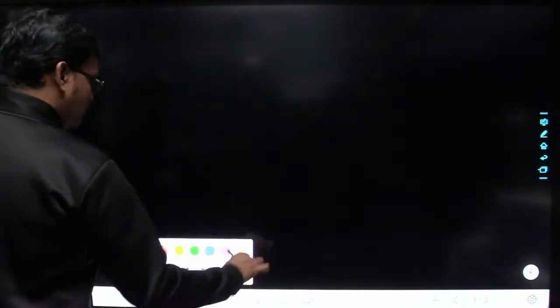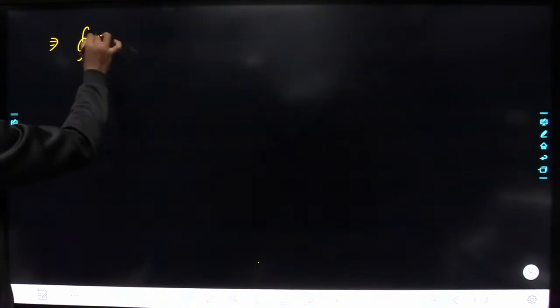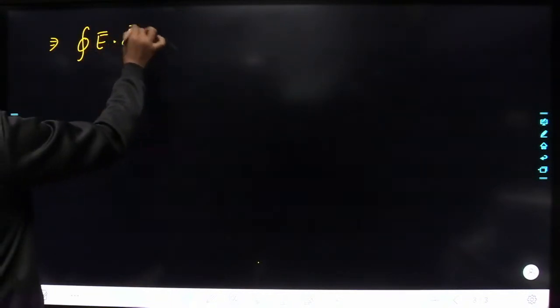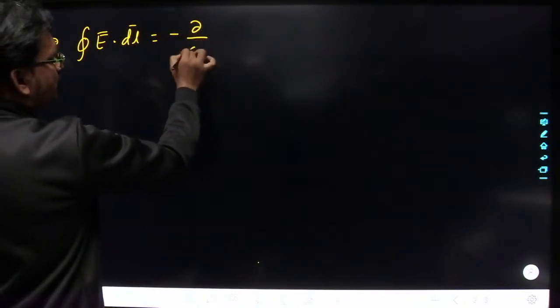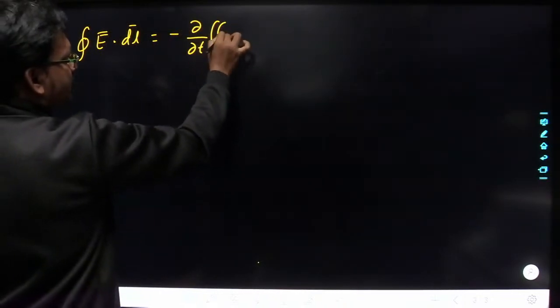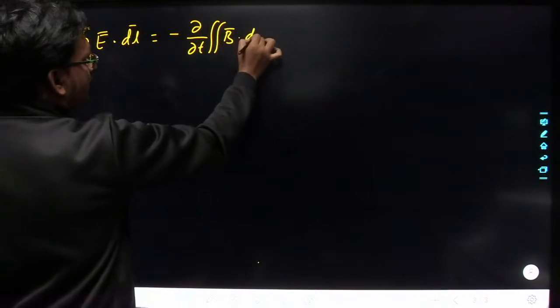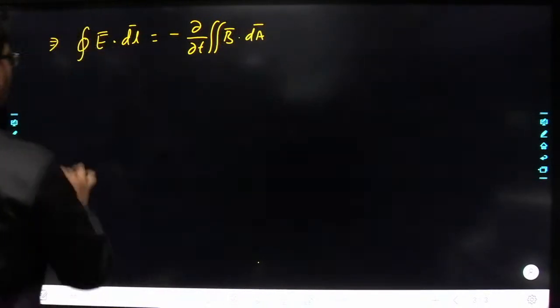So finally we got the integral form of Faraday's law. That is, the circulation of electric field around any closed loop is equal to minus dou by dou T of the double integral of B bar dot dA bar.